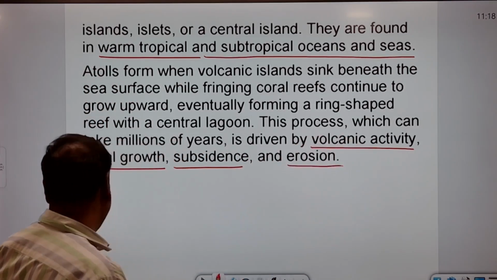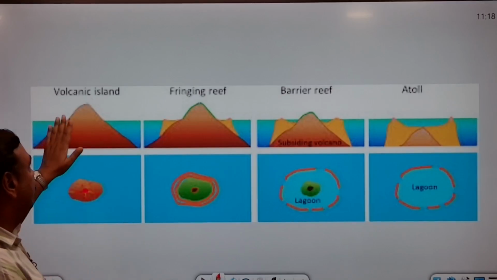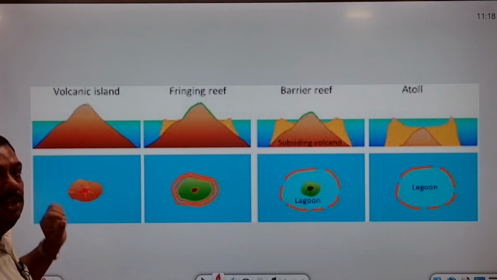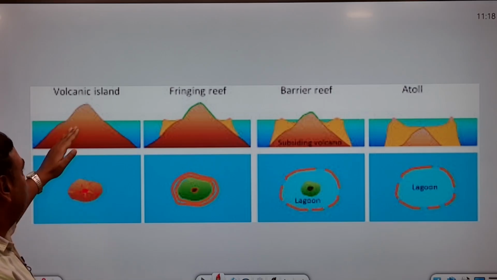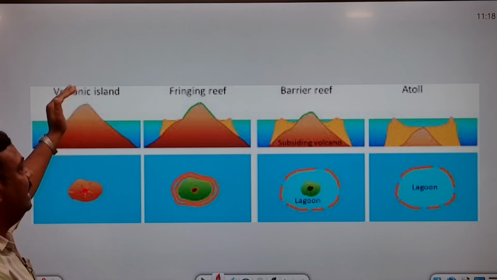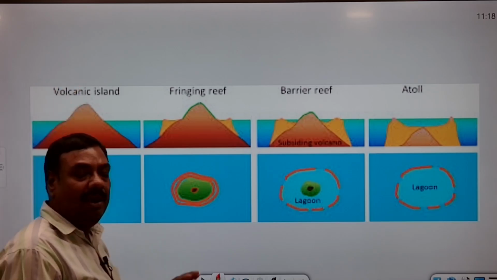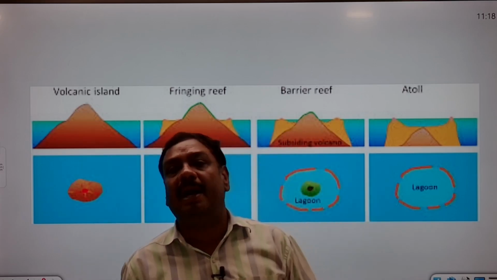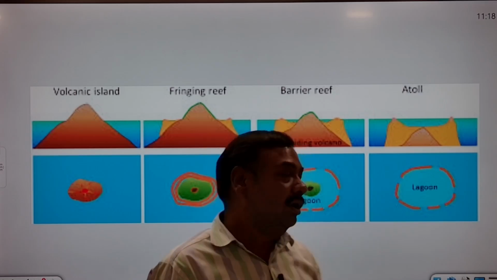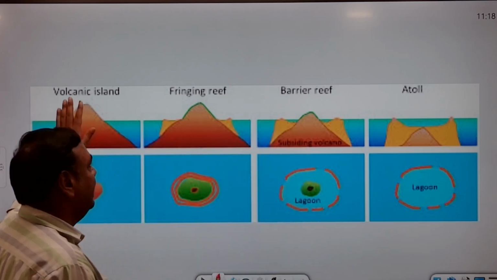So how is volcanic activity involved there? Because in the initial phase of the formation of atoll, first of all a volcanic island is formed. So if it is a volcanic island, obviously it must be made by the volcanic activity. Got it? Okay. So this volcanic island has been formed.